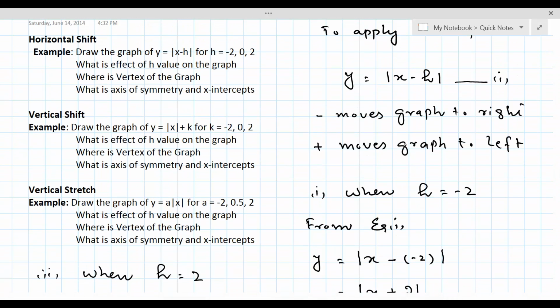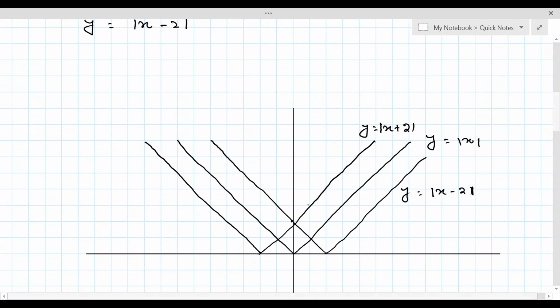So now we will draw the graph of y is equal to mod x plus k, and for that purpose we define vertical shift.